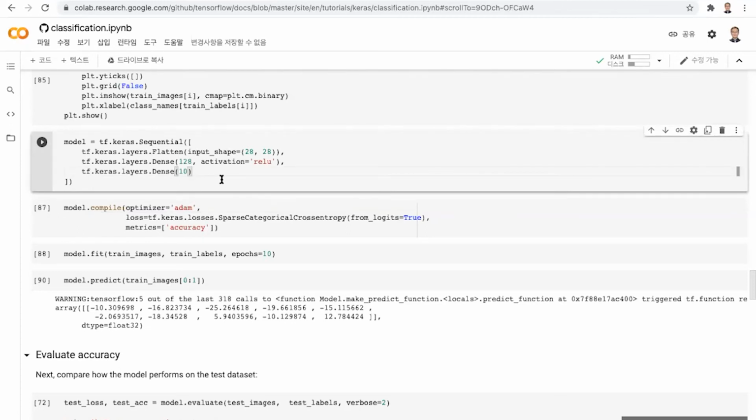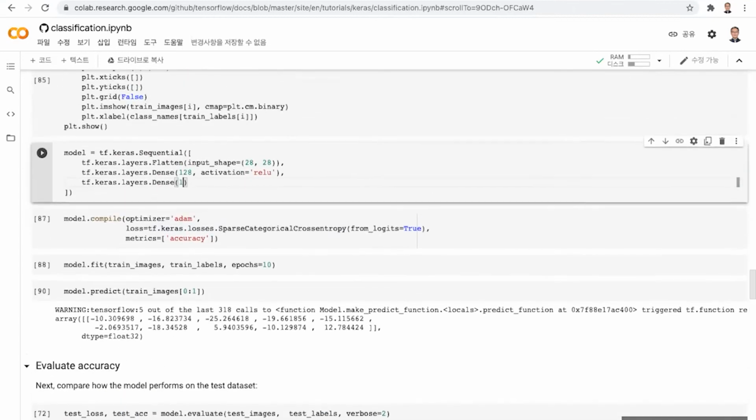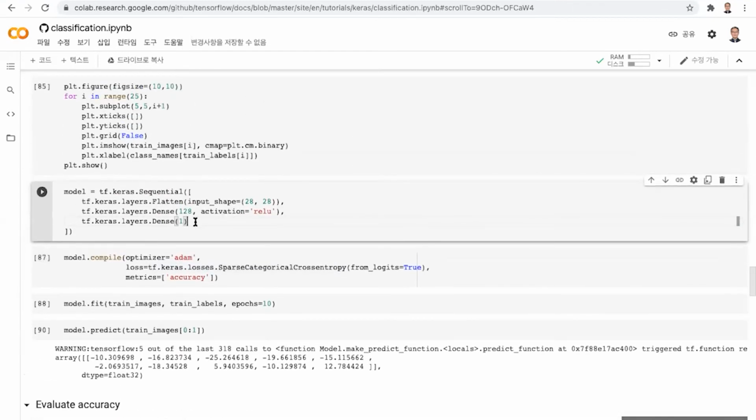So maybe you may think that I'm going to just make this 10 to be 1, and then you'll produce just one number. And then you may expect that that one number indicates 0, 1, 2, up to 9.